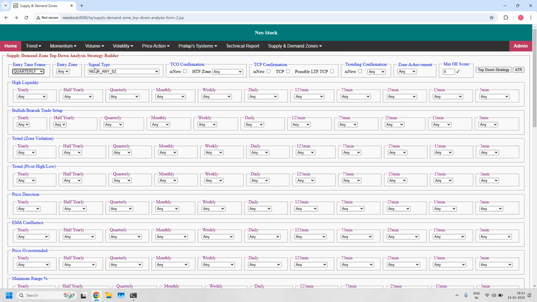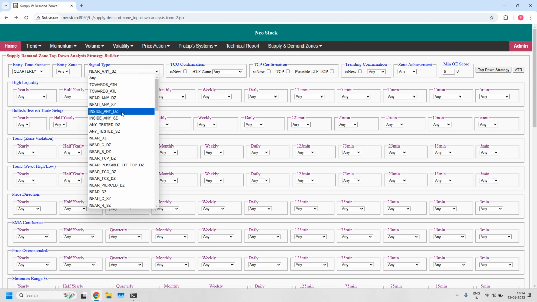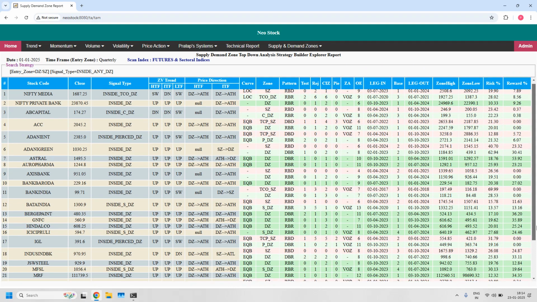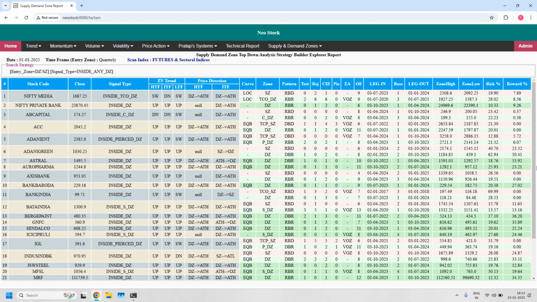Next, quarterly time frame. Price closed inside the quarterly demand zone. 27 stocks are filtered. I am scrolling the list down.